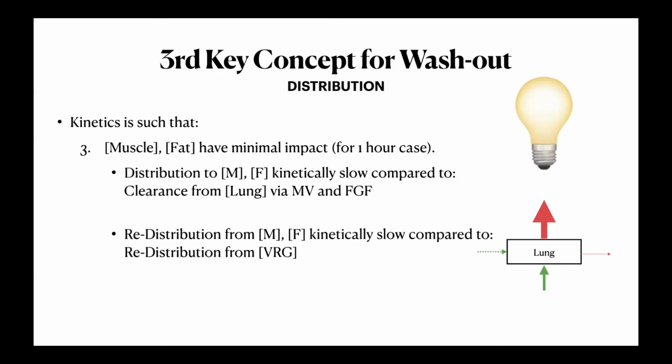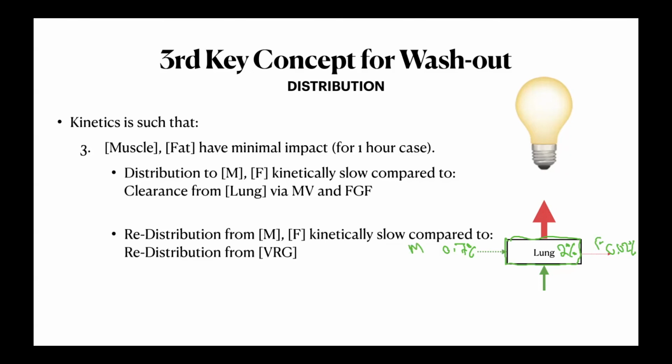when you switch off an anesthetic, let's say we've got the lung here, and that is at 2%. Your muscle, depending on your cardiac output, is at 7%, and your fat is at 0.02%. You can see that there are gradients here between the lung and muscle and fat.